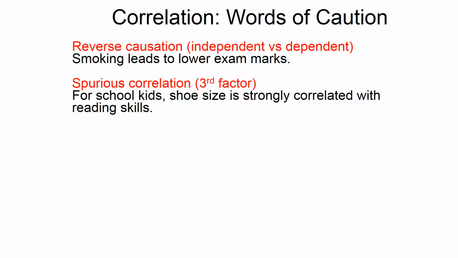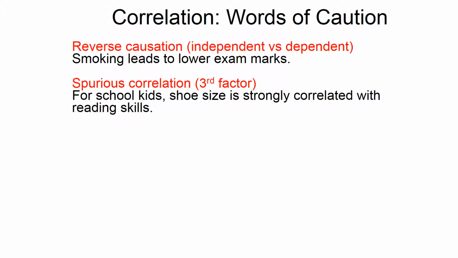So, school kids' shoe size is correlated with reading skills. If you go out to a primary school and measure their shoe size and how good they are at reading, you get quite a good positive correlation between shoe size and reading skills. Now that's not because... Are you making this up? No, it's true.